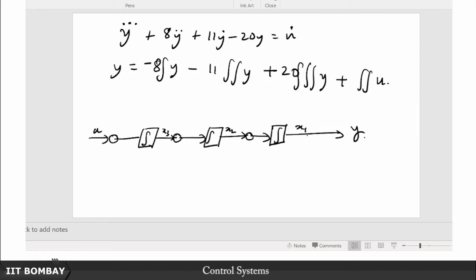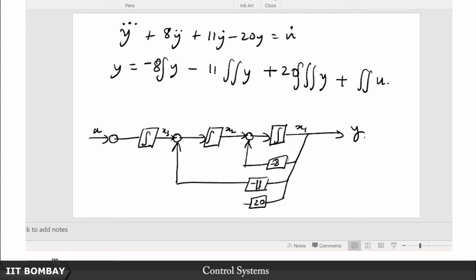So what is this y equal to? This y is equal to minus 8 times the integration of y. So let me pass this through minus 8 times the integration of y, plus I need to pass this through minus 11 times the integration twice, so it better pass through this integration action twice, and then plus 20 times thrice integrated y, and then twice integrated u.